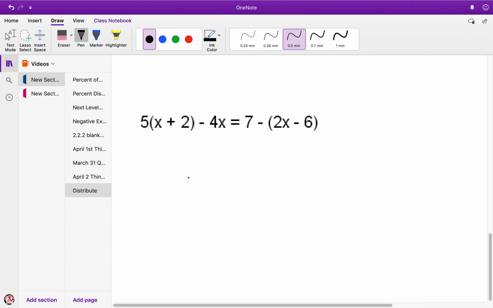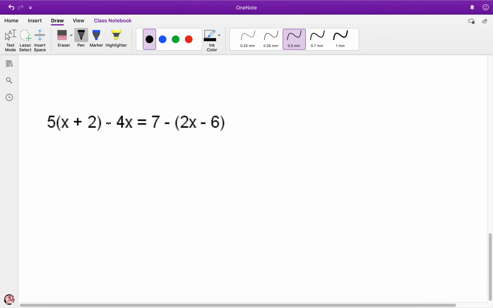So let's do the last one. And here we have to distribute first. This is the longest one. So let's distribute this first. And remember there's a negative 1 right there. So we're going to distribute that negative 1 in front.